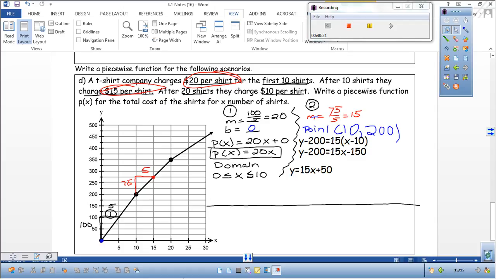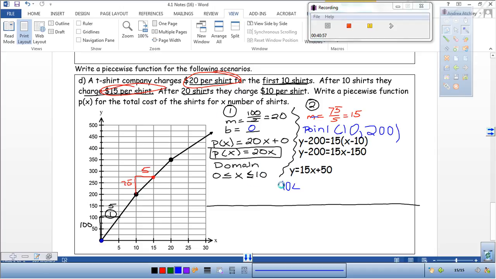Okay, so this problem, where does it start? This line starts at 10 and ends at 20, right? So it's going to be 10 is less than or equal to, okay, it's not going to equal 10 because the 10th shirt costs $20.